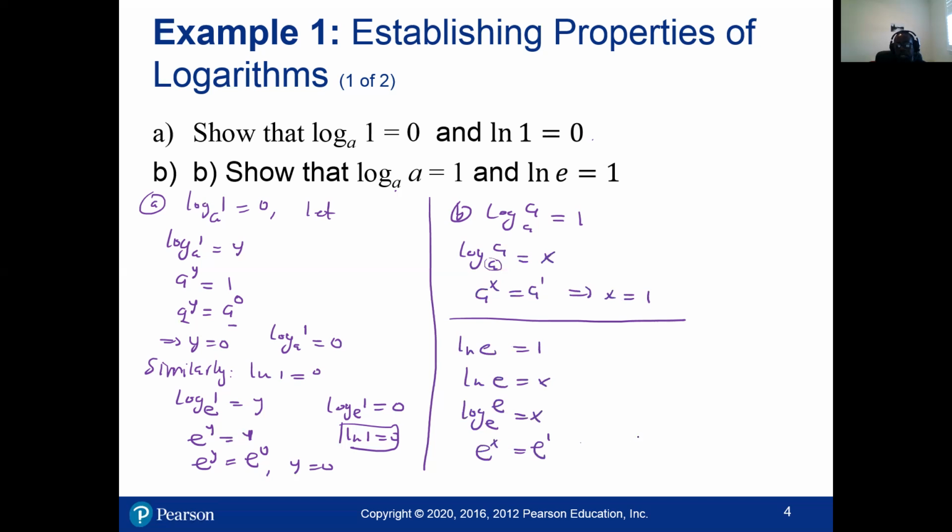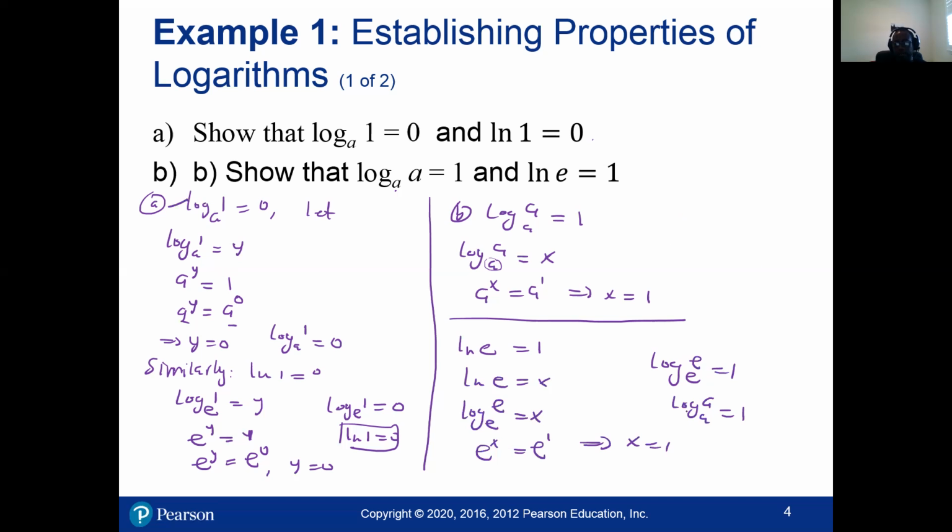Therefore, x is equal to 1. So we have shown that log of e base e is equal to 1, and log of a base a is equal to 1. That means it's a property that when you take the log to the same base, it's always equal to 1, and the log of 1 to any base is equal to 0. Okay, that is for part A, which we just described.